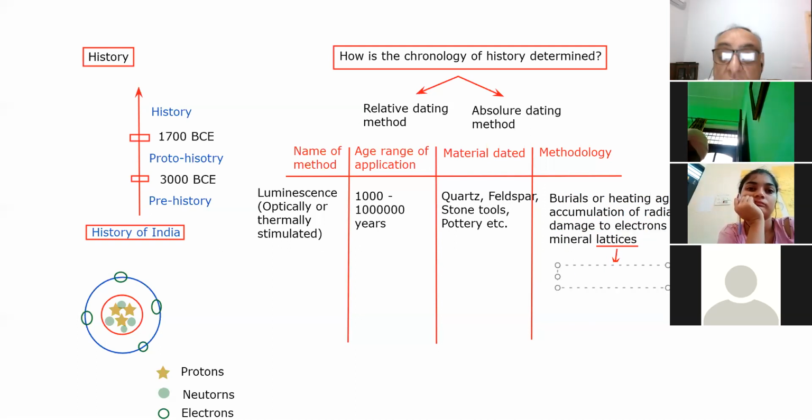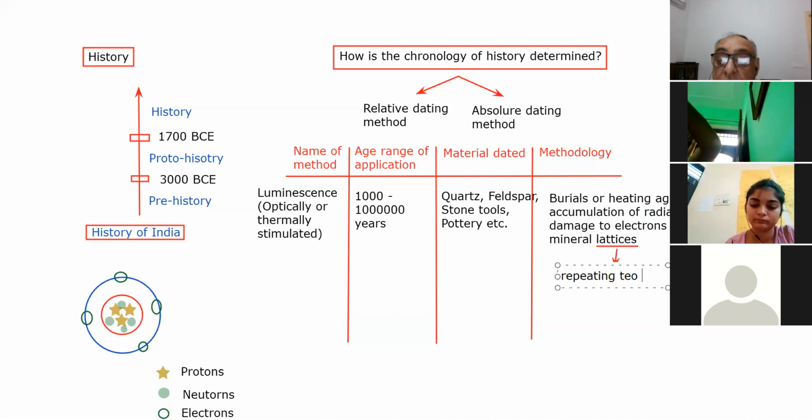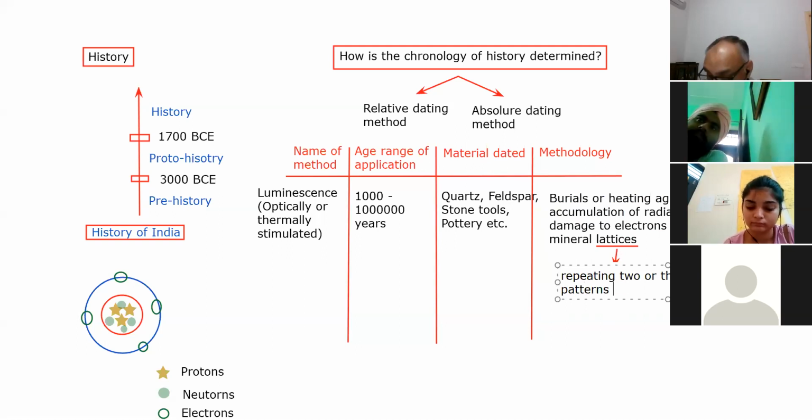सो वो क्या होता है? That is, we can say, repeating, right, 2 or 3-dimensional patterns, right? Patterns due to the arrangement of atoms.